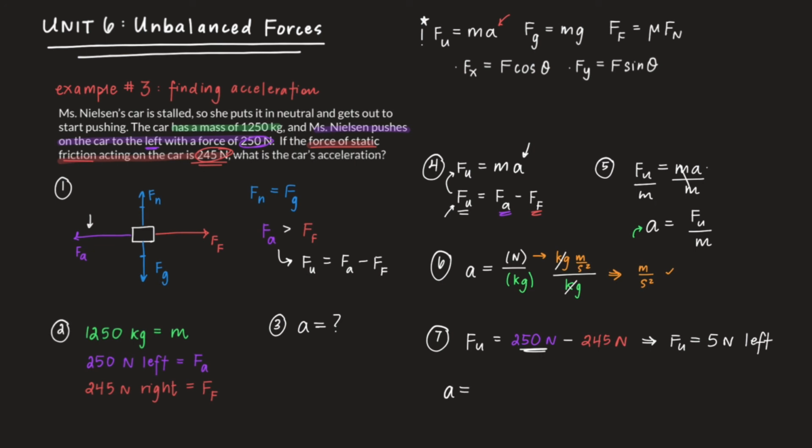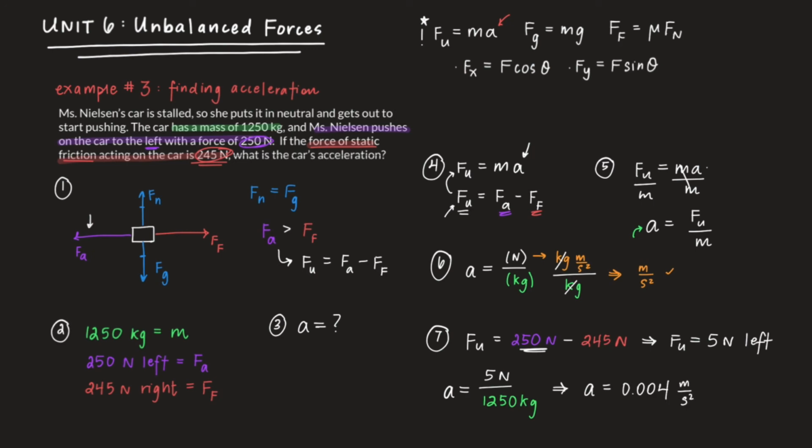And now we can easily find our acceleration. We're going to take that unbalanced force of 5 newtons. We're going to divide by the mass, which is 1,250 kilograms. 5 divided by 1250 is going to be a really, really small number. So for our acceleration, we get 0.004 meters per second squared. That's really small.